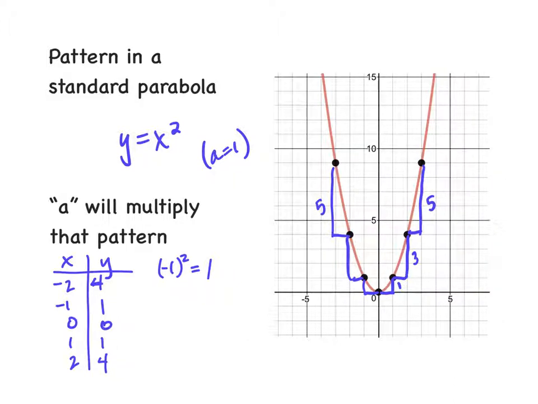Now, where A impacts that, and I'll jump back to, if I have, so this one, A is 1, and the pattern was 1, 3, 5, 7, so on and so forth. If my A value is 4, this is going to be 4, this is going to be 12, and that's going to be 20.